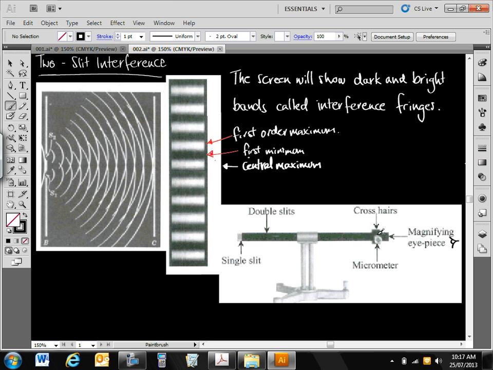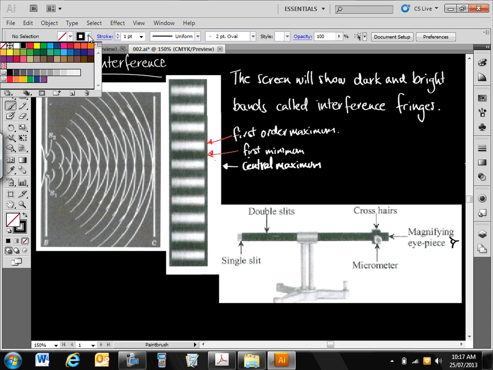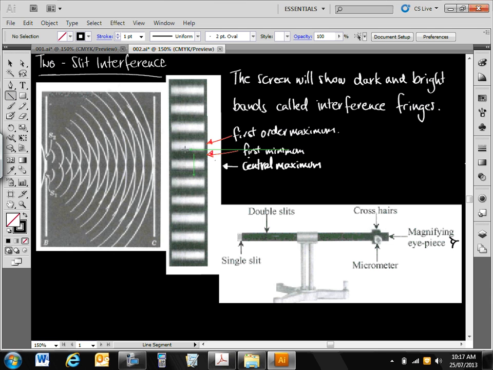Okay, what else? Crosshairs. When you look into this device, you will see something that looks like this. And what you can do by rotating this micrometer here, this little device on the side, is the crosshairs can move either left or right across the bands.